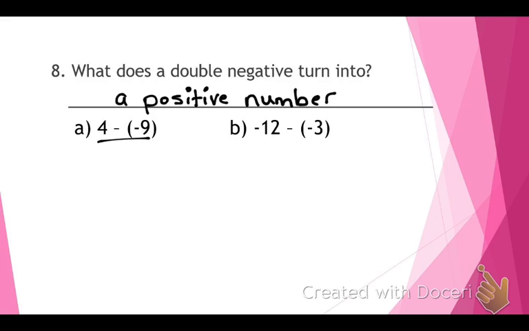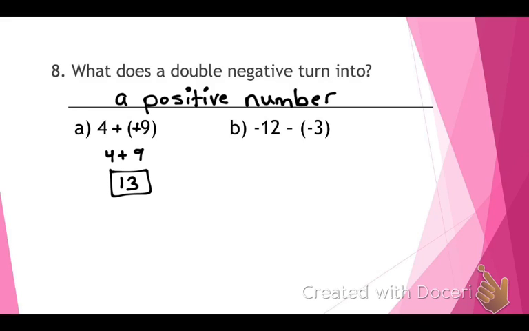Well, there's two negatives. Very good. This is a negative, and this is a negative, and there is no number in between the two negatives. So that makes it a double negative. Asia, what do I have to do to those double negatives? Turn them into a positive. So instead of 4 minus negative 9, that just means 4 plus 9. Asia, what's my answer? 13 is correct.